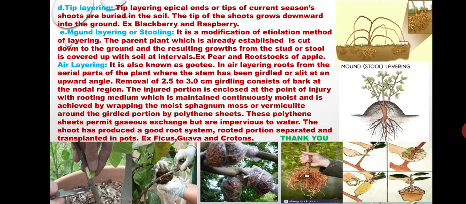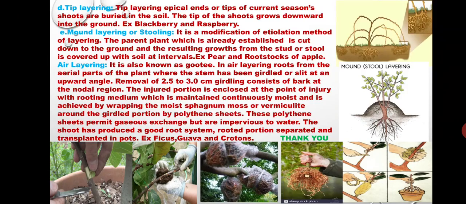These polythene sheets permit gaseous exchange but are impervious to water. When the shoot has produced a good root system, the rooted portion is separated and transplanted in pots. The best examples for air layering are ficus, guava, and crotons.